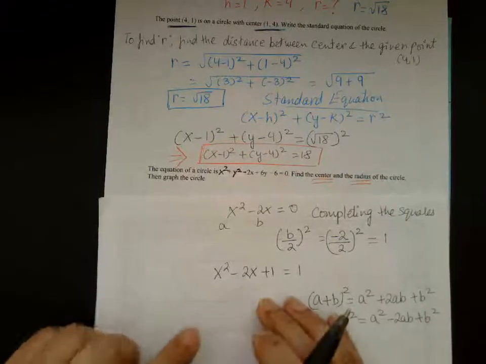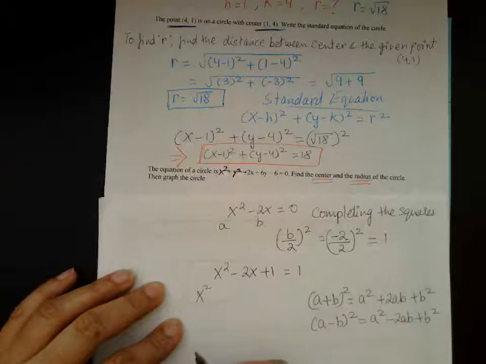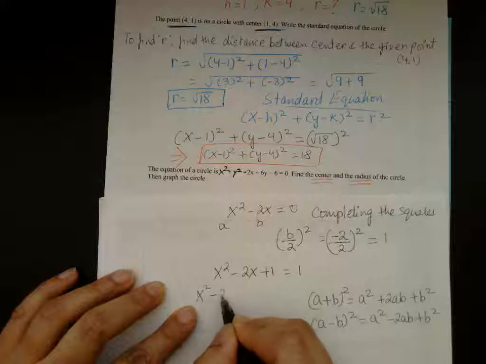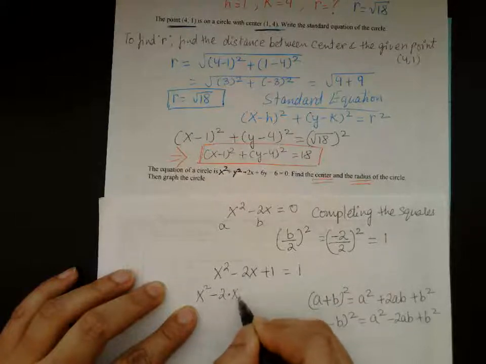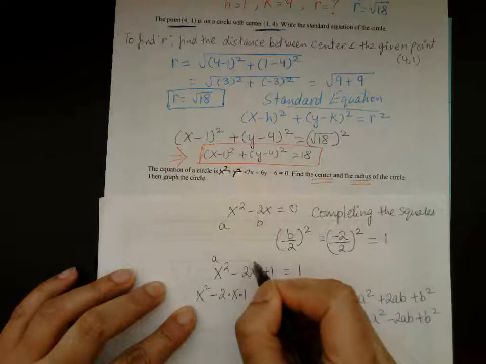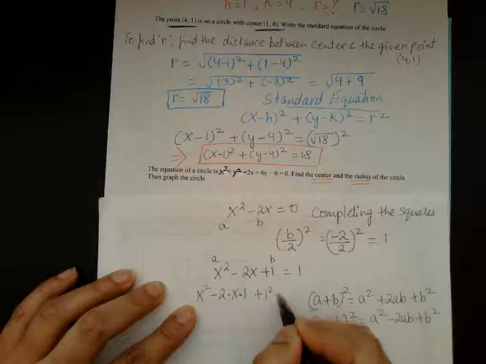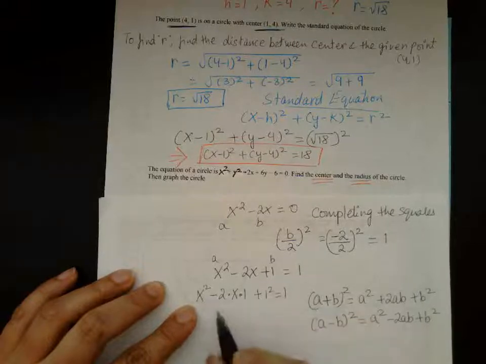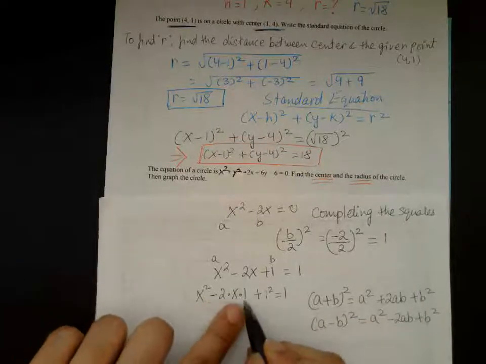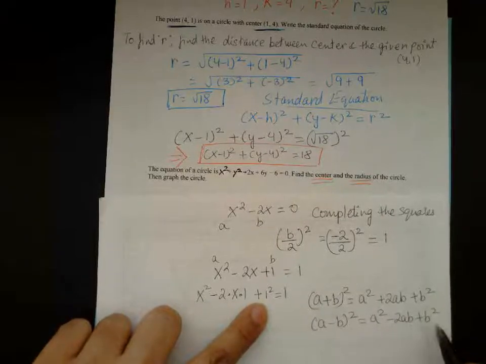Can I apply this here? Let's try. This is a squared minus 2 times x times 1, because this is a and this is b, plus 1 squared, right? So a squared minus 2ab plus b squared.